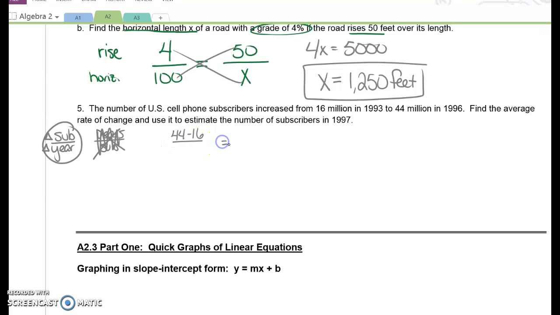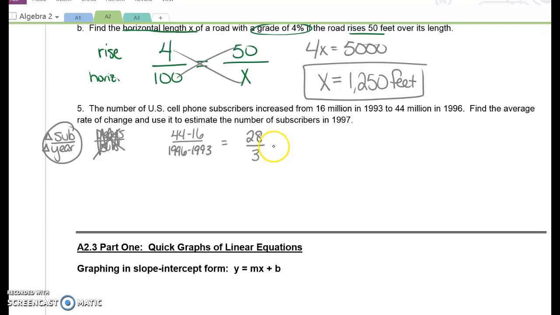What is 44 minus 16? 28. Over the change in the years, 1993 to 1996, you can do 1996 minus 1993, or just think about it. 1993 to 1996 is 3 years.